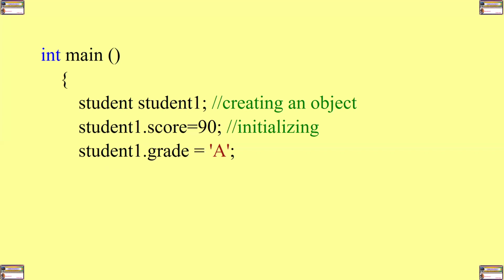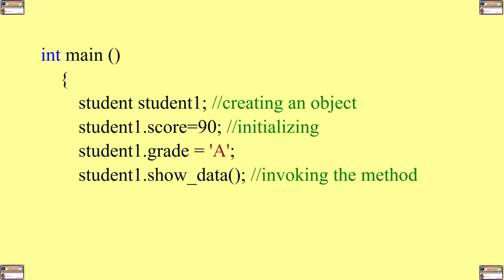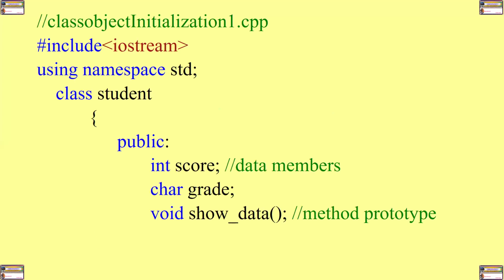Here we are invoking the showData function through the student1 object. Once this function is called, the compiler will go and look for showData in the class that is accessible through the object called student1.